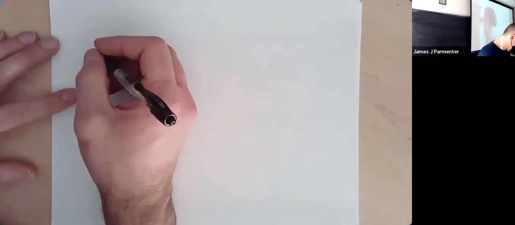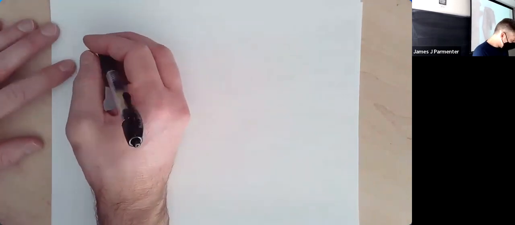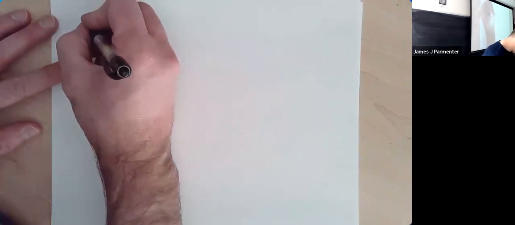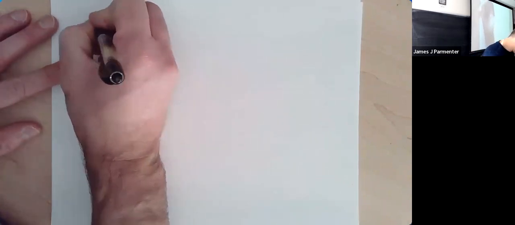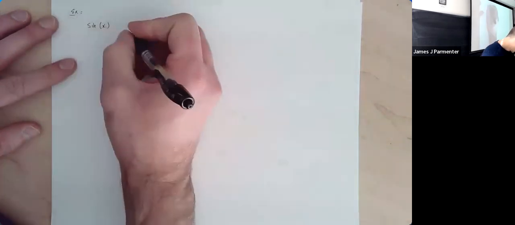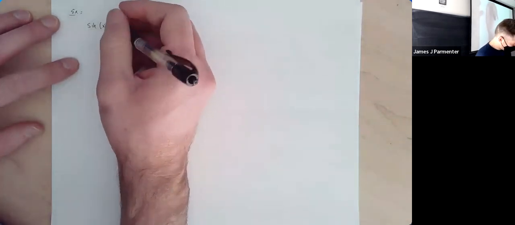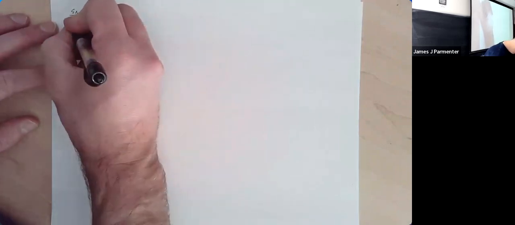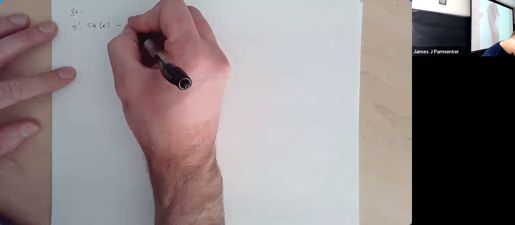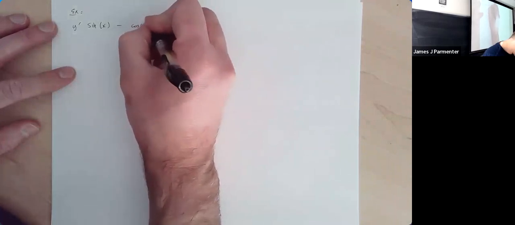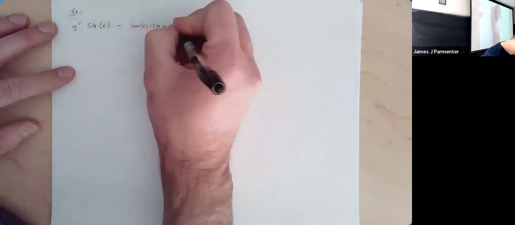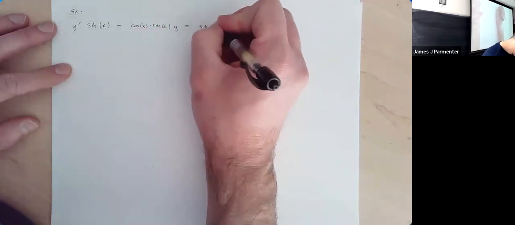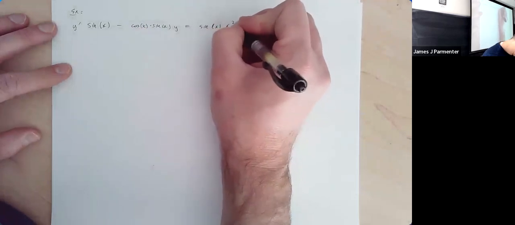Let's say we've got this, I'm going to change it up just slightly here. Let's say we've got the following first order linear differential equation. Sine of x minus y prime times sine of x minus cosine of x times sine of x times y equal to sine of x squared e to the sine of x.